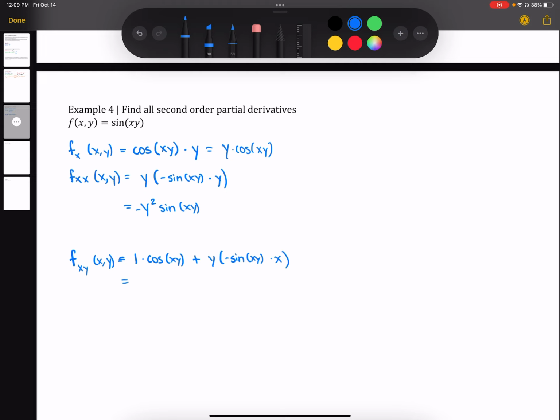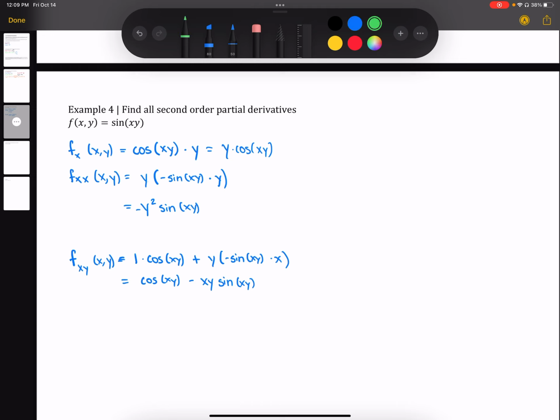So our mixed derivative is cosine xy minus xy sine xy. So those are all our derivatives if we led with x.